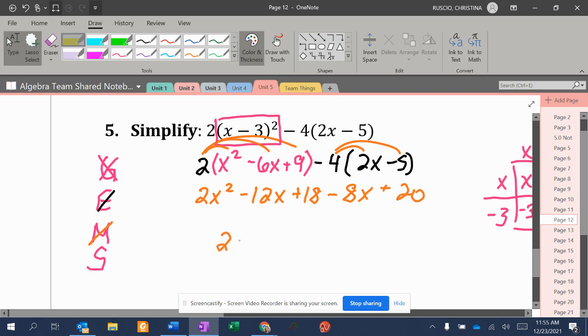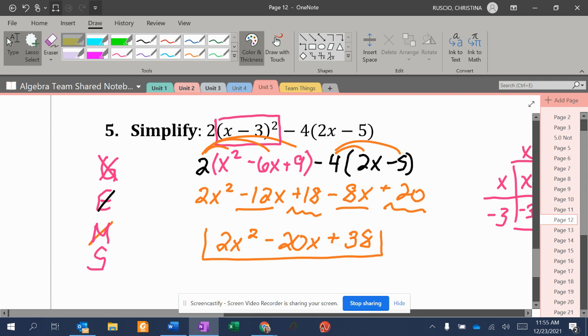And if we group together our like terms, 2x squared minus 20x, because that's in this group together, and then negative 18. Actually, no, that's a positive 18, and a positive 20 is positive 38. And that is your final answer.